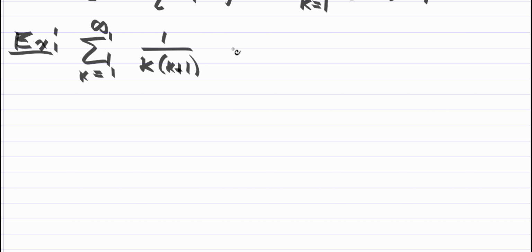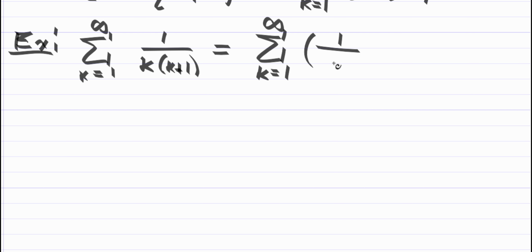And so if we use our partial fractions, we can see that this is actually going to be equal to, if we expand things out, 1 over k minus 1 over k plus 1.